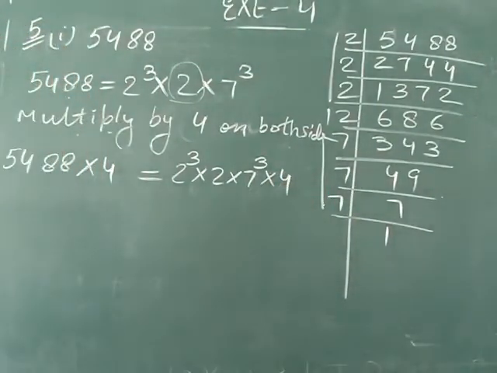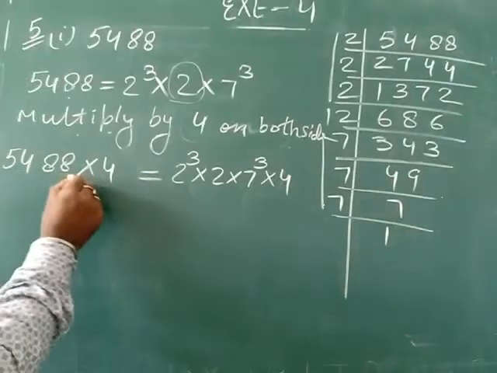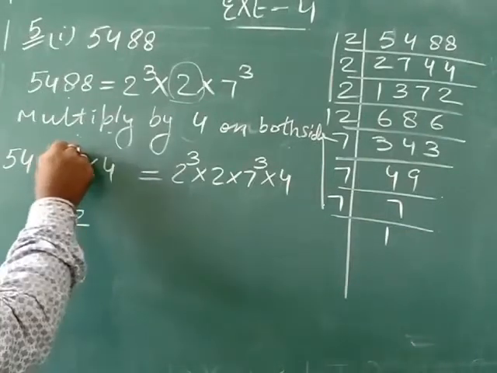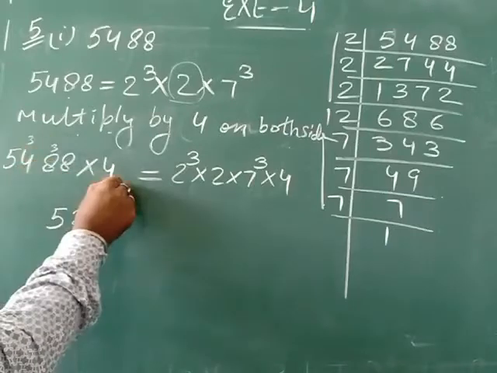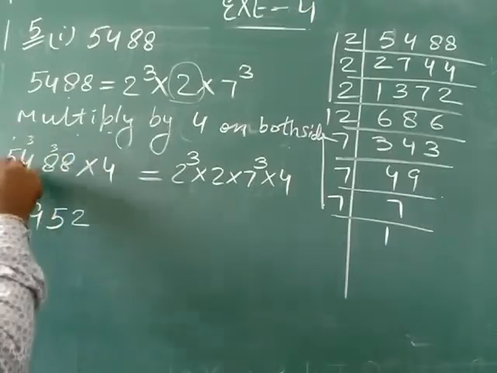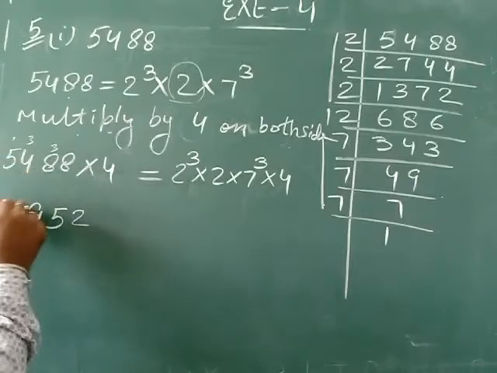Now when we multiply this number: 8 fours are 32, 8 fours are 32 plus 3 is 35, 4 fours are 16 plus 3 is 19, 5 fours are 20 plus 1 is 21.